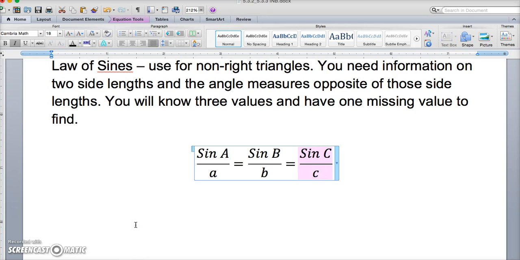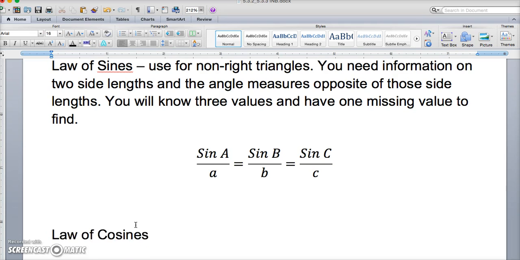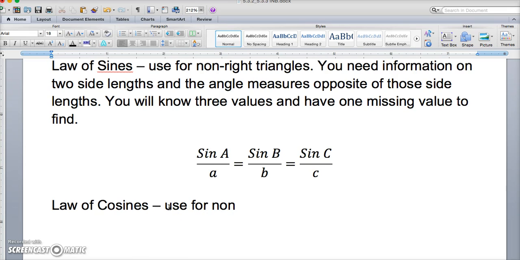And then today, we're going to move on to the law of cosines, which again is used for non-right triangles.